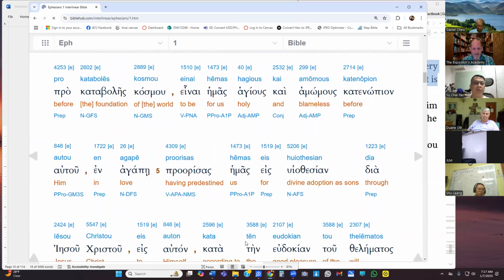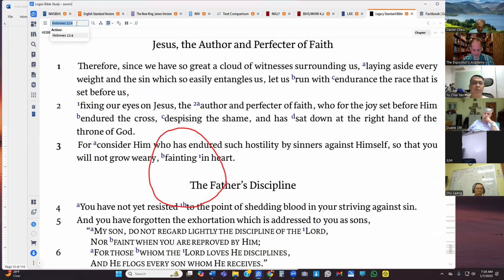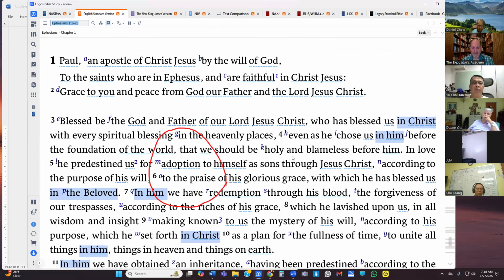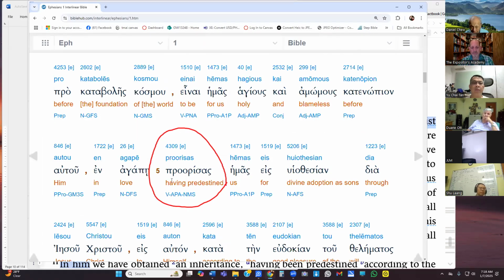And then here it is, having predestined us. So it is a participle, not an independent verb, not an independent clause. Remember the ESV had in love, he predestined us, so it made it a regular verb, independent clause. But if we go to the interlinear, it's not. It's a participle.